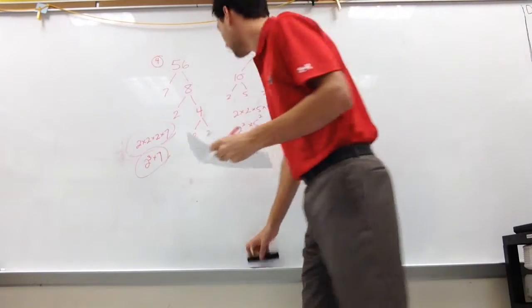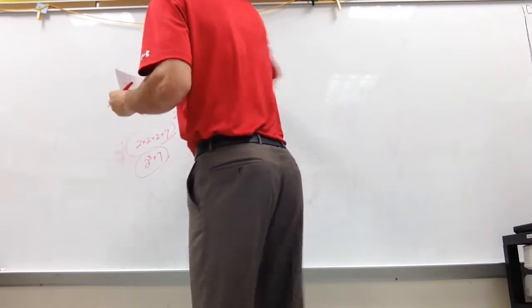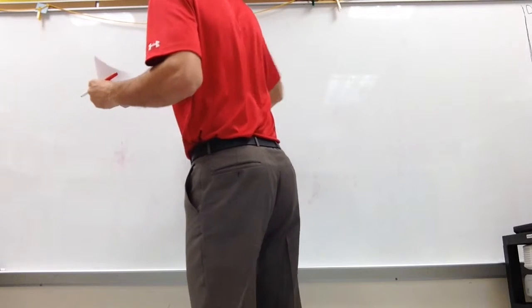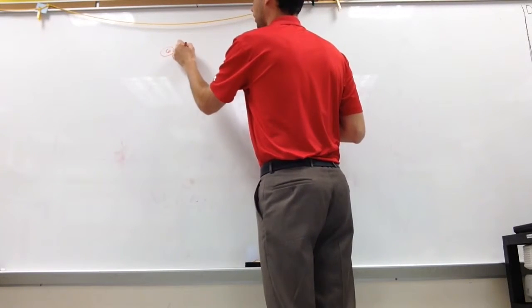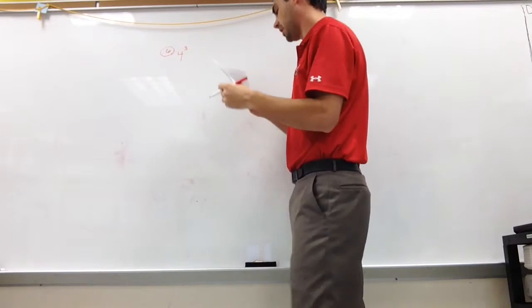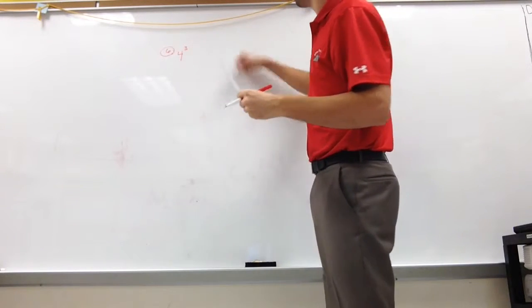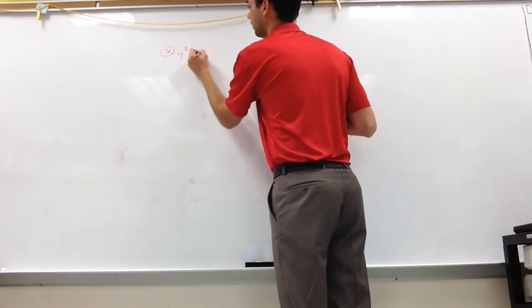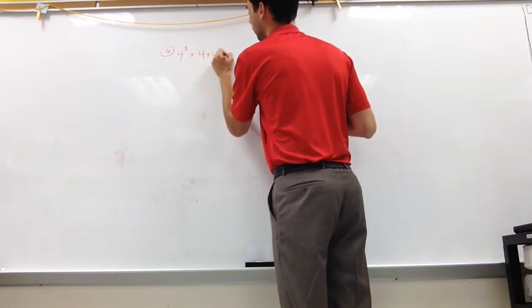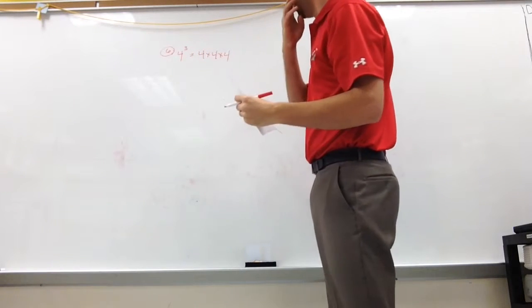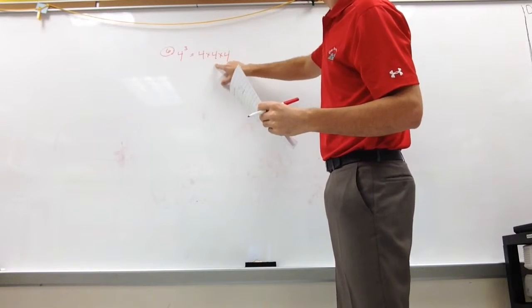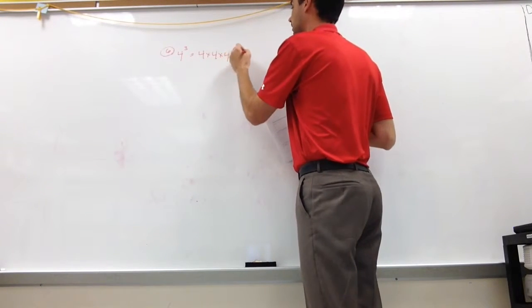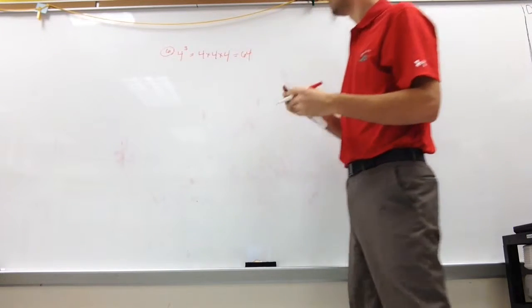Okay? Let's do 6 and 7. So 4 to the third, it says write each power as a product of the same factor. So 4 to the third power is equal to 4 times 4 times 4. And then you would do the math. 4 times 4 is 16 times 4 would be 64. Okay?